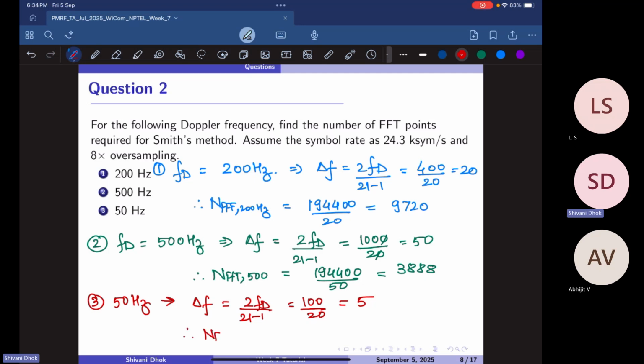Therefore NFFT, the number of FFT points for 50 hertz Doppler, comes out to be 194400 divided by 5, which is 38880 points. Is it clear? Any questions?